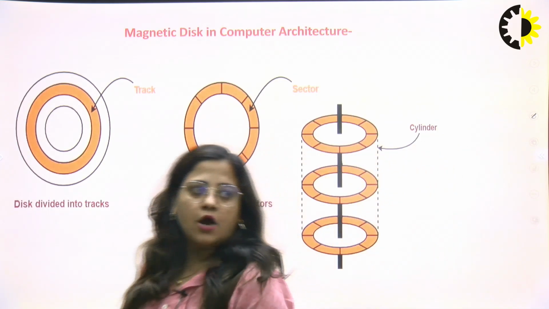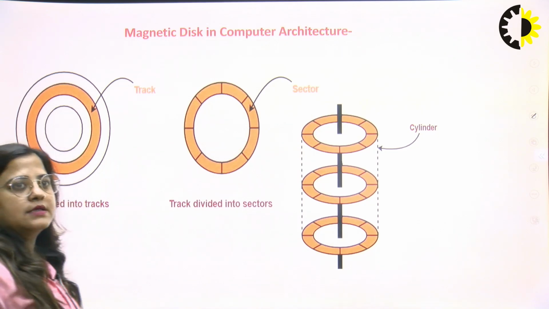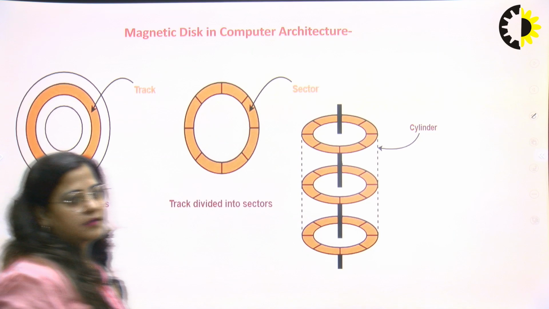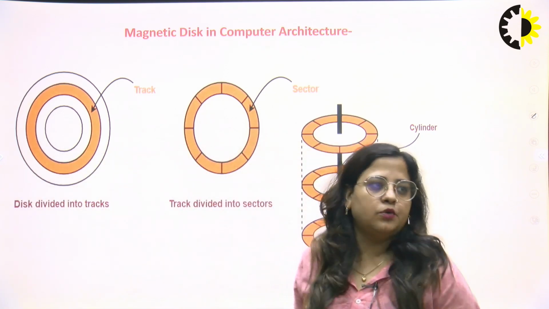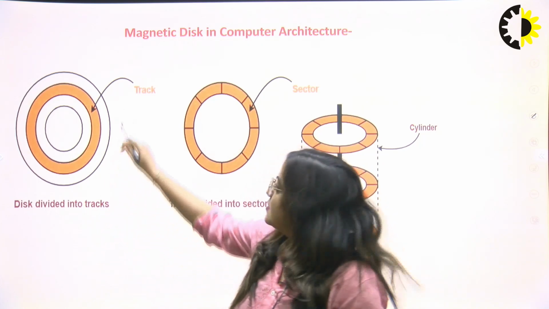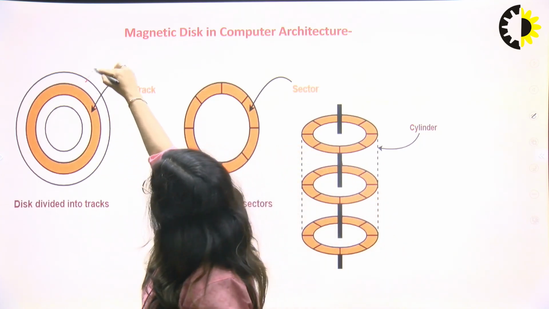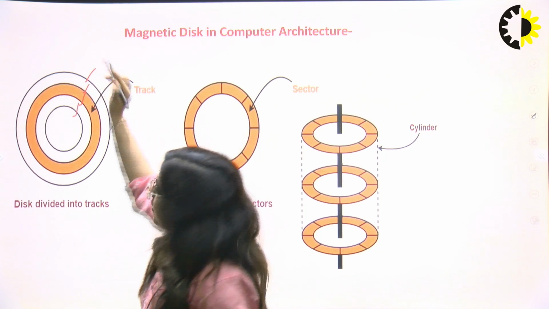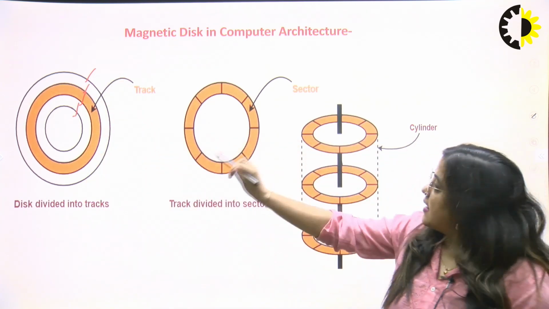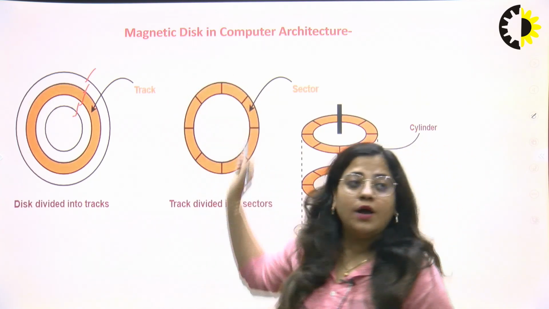According to the diagram, this is a simple magnetic disk diagram in computer architecture, divided into tracks: track 1, track 2, track 3 and track 4. These tracks are also divided into sectors.